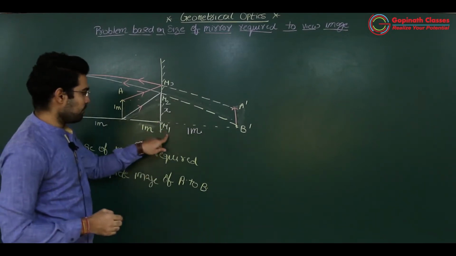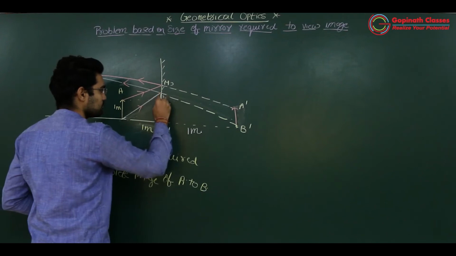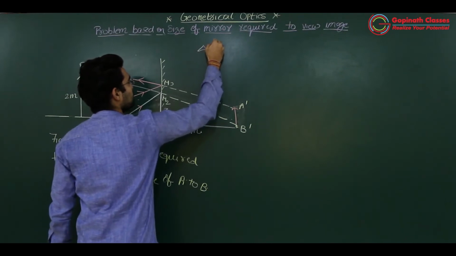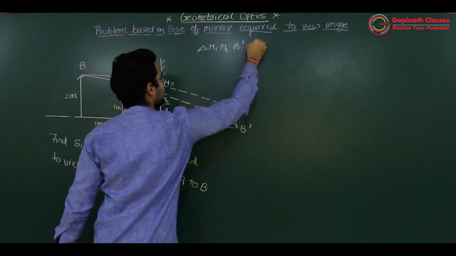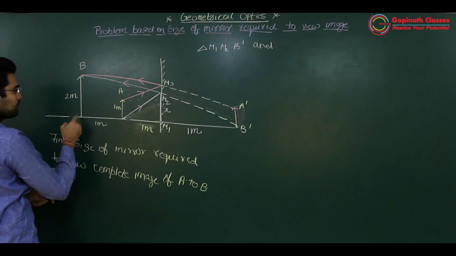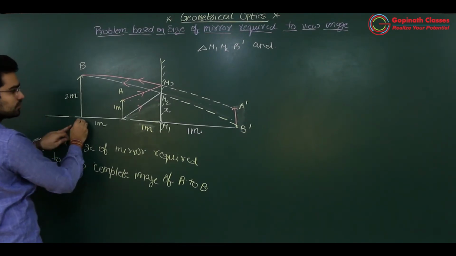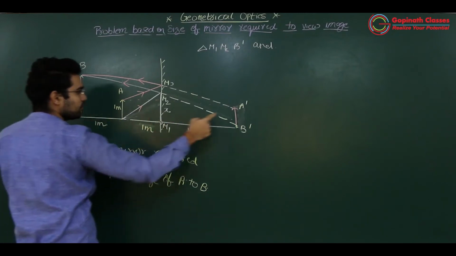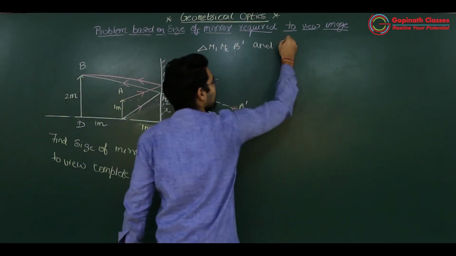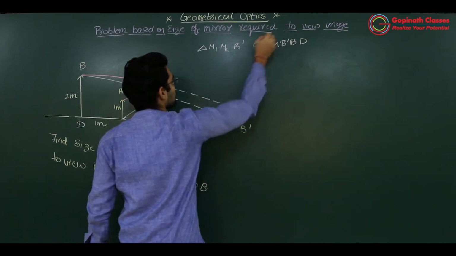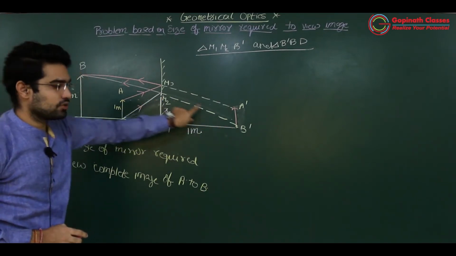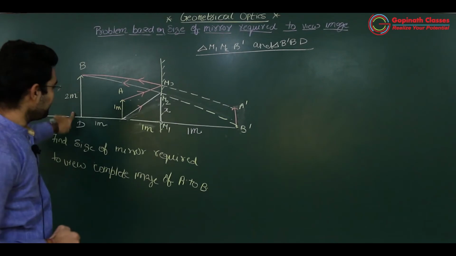In triangle M1, M2, B dash, this small triangle, and the bigger triangle B dash, B, D, both are similar.